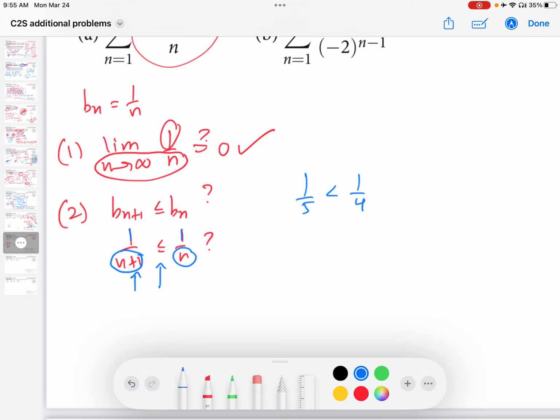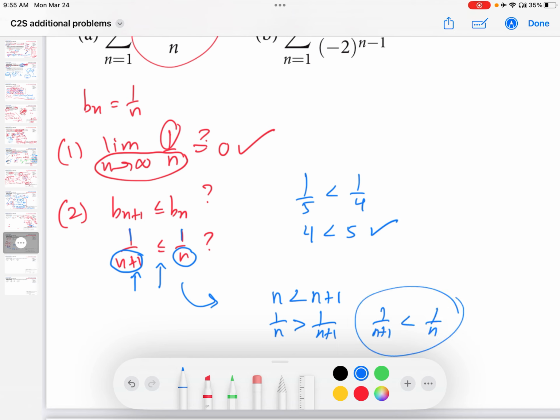And you can verify this also by saying, okay, if I cross multiply here, I'll get 4 is less than 5. Check. So that's another way to algebraically verify this. We know that n is less than n plus 1. So if I take reciprocals, 1 over n would be larger than 1 over n plus 1. And if I swap the direction here, it would give us what we want.